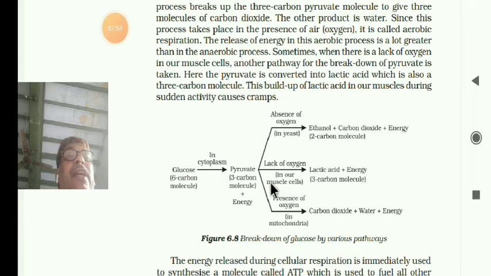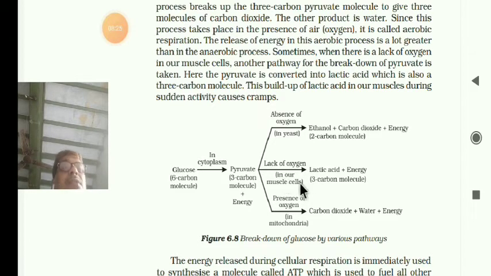In the second case, for example, think of cycling, wrestling or swimming. The energy required is more, so the glucose is also needed more, then oxygen is also required more. Only then sufficient energy will be produced.